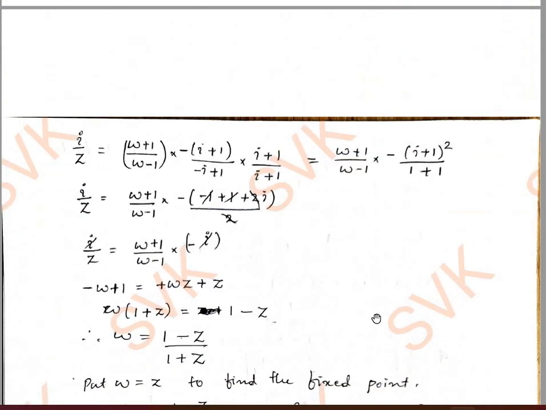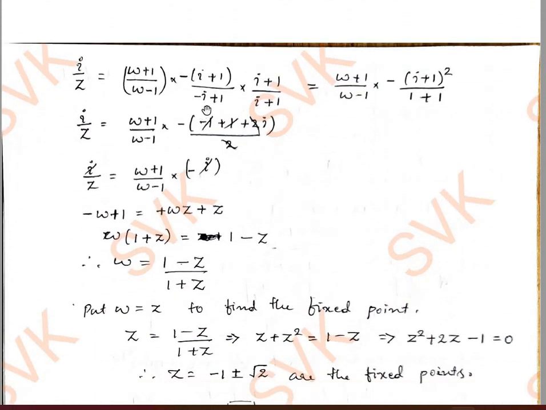After multiplying and dividing by i plus 1, I am going to get this value. Then expanding this, I am going to get 2i by 2. 2 gets cancelled. Therefore, i minus i is left out. So multiply by minus sign on both sides and cross multiplying, we are going to get minus w plus 1 is equal to wz plus z.